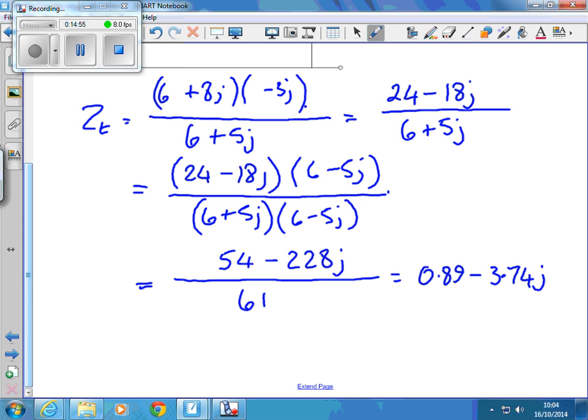And the units of that are ohms. Okay? Converted to polar, that is 3.84 ohms angle minus 76.6 degrees.